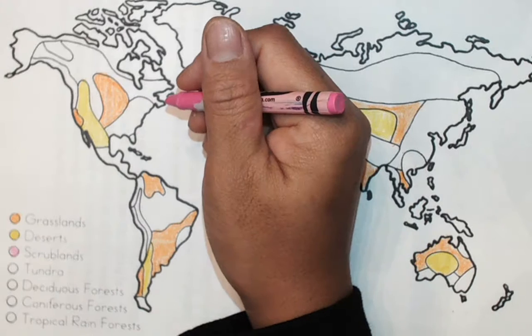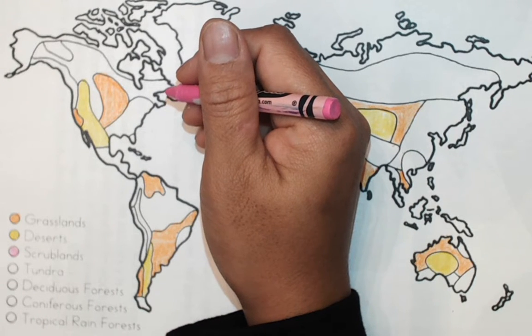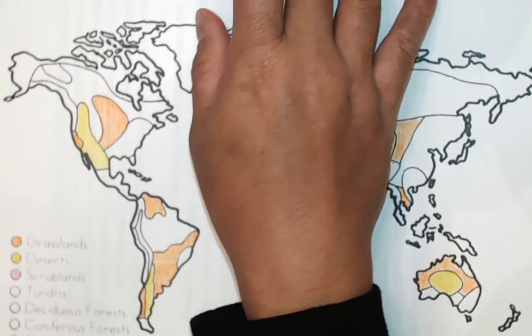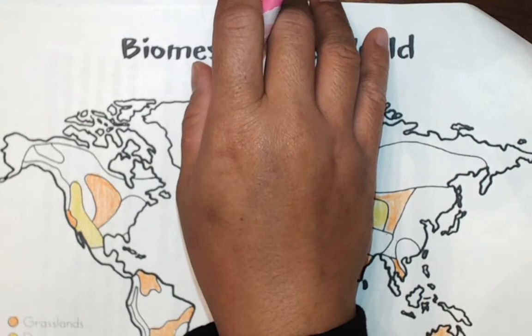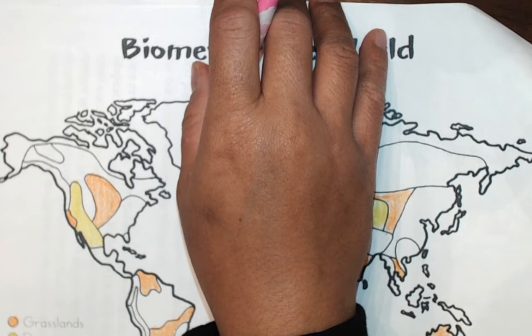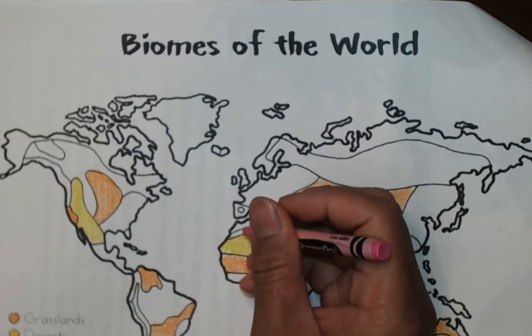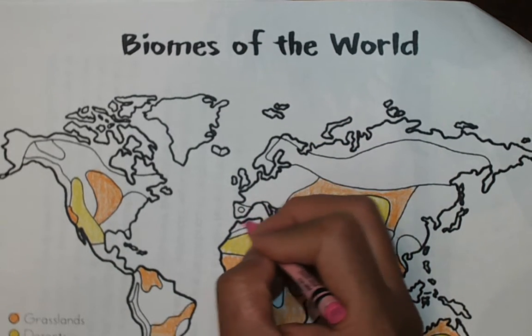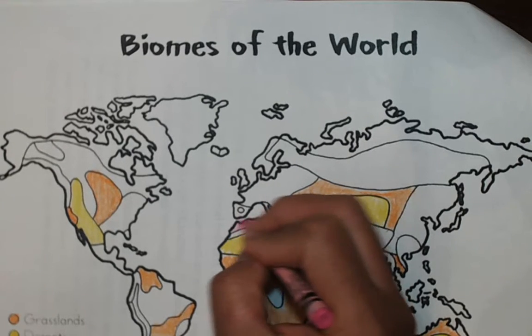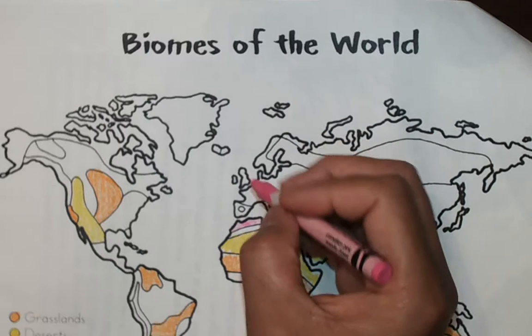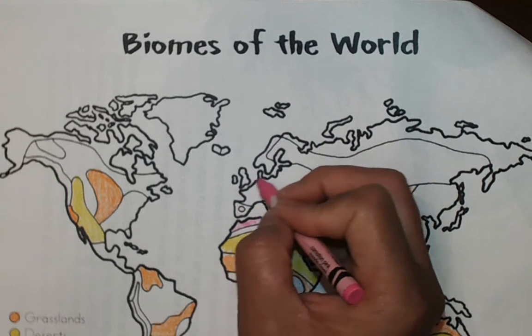And we have scrublands right over in, let's see, here's a scrubland right here in Africa. We're going to color this area right here at the very northern tip. That's a scrubland. And then right in this continent here, this is Europe.